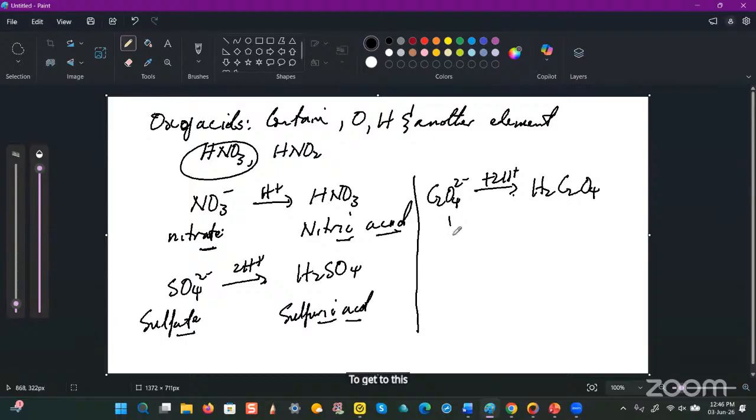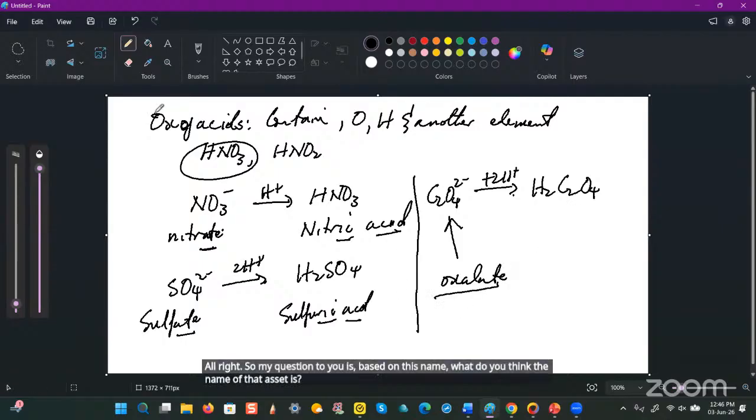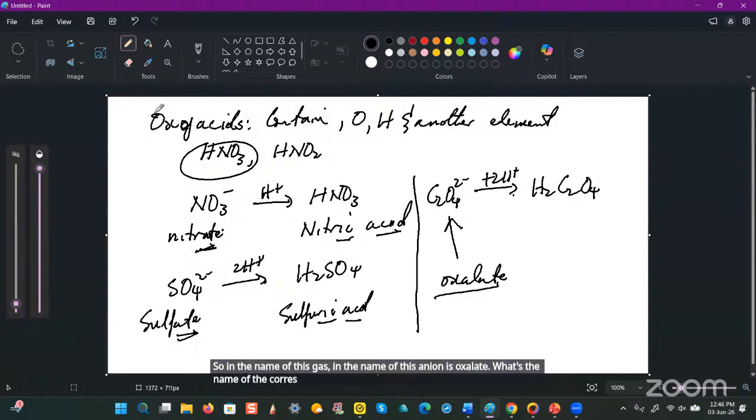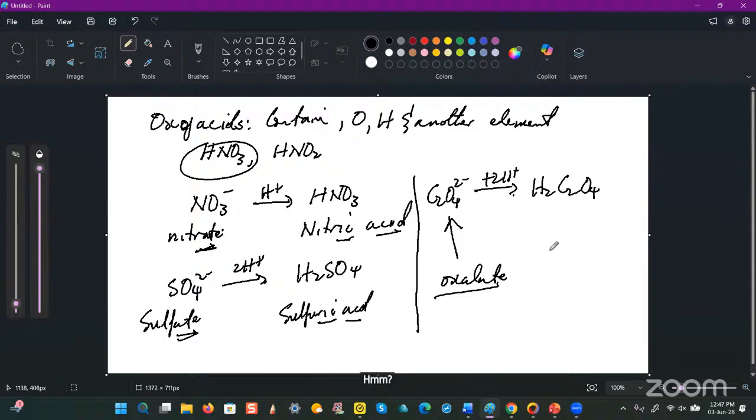If you look up the name of that anion, the name of that anion is oxalate. So my question to you is, based on this name, what do you think the name of that acid is? If the name of this anion is oxalate, remember the pattern. Ate, ic acid, right? So what's the name of the corresponding acid? Oxalic acid.